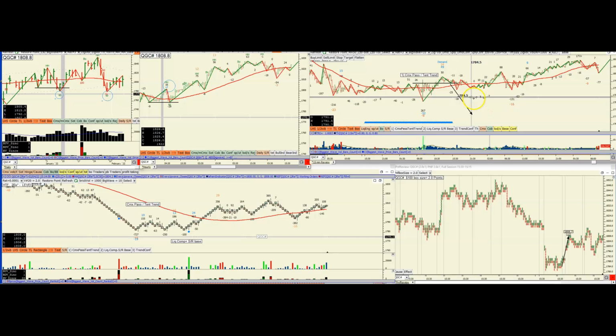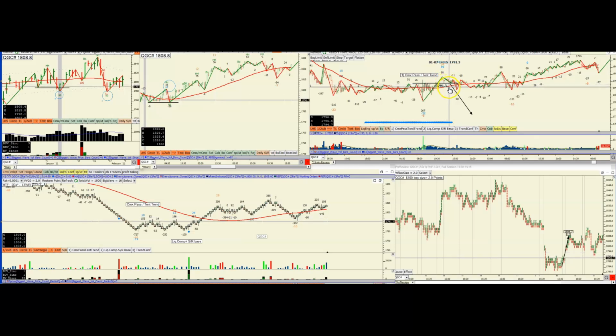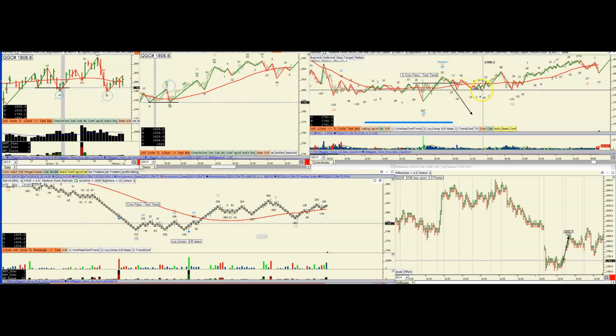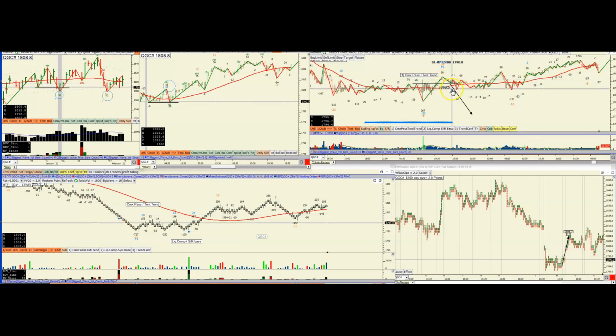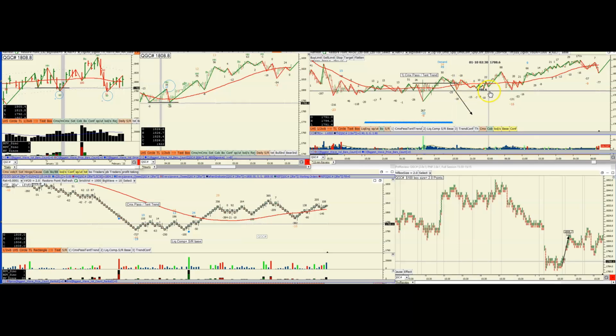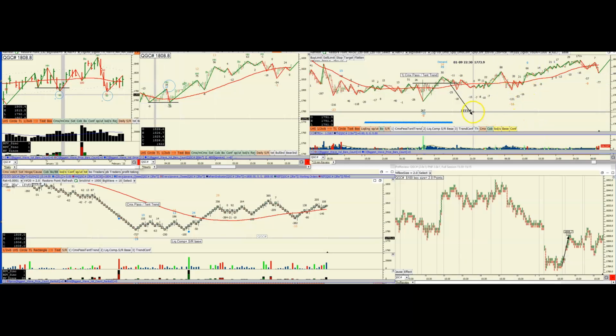If that's the case, it should build support, and volume or liquidation should decrease. Again, if this is for the purpose of an uptrend for higher prices, then it should do two things: build support, and liquidation should dry up, meaning volume should dry up.